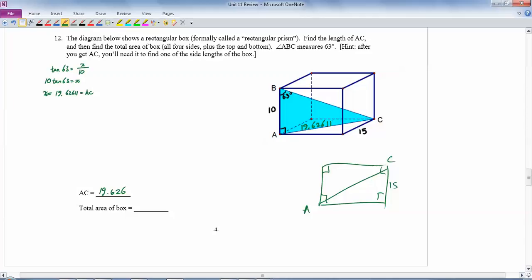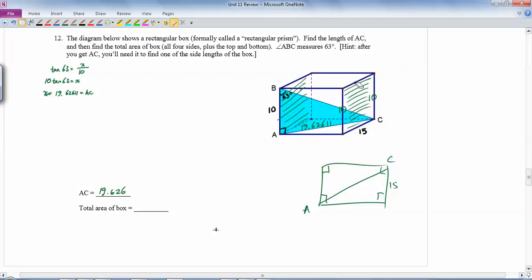So that's all 4 sides of the box, plus the top, plus the bottom. So we got 6 rectangles we need to add together. Well, notice since the height is 10, this length here is 10, this length here is 10. So 2 faces should be easy: the face on the right, and the one that's tucked in the back, the face on the left.